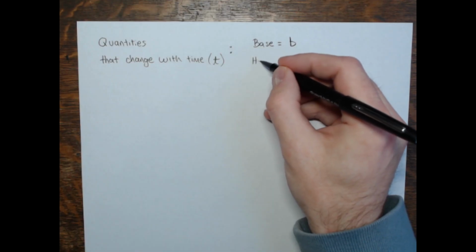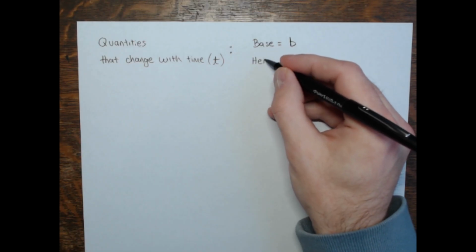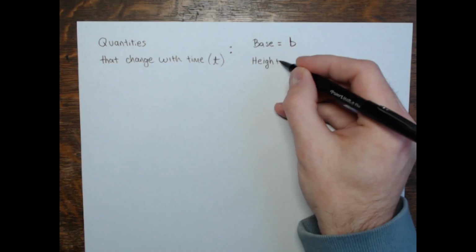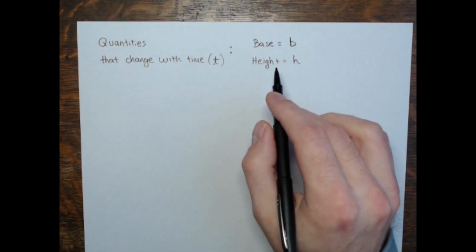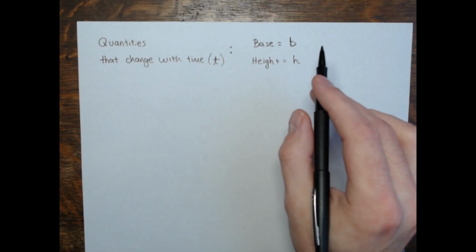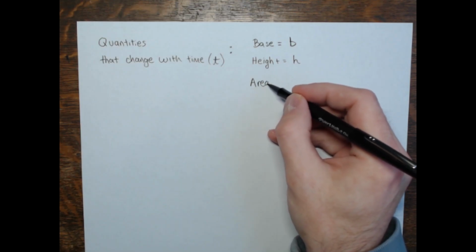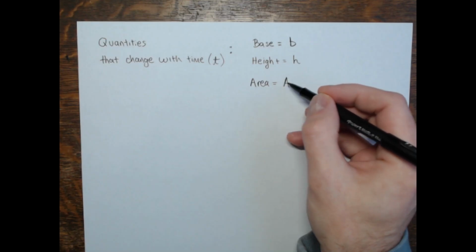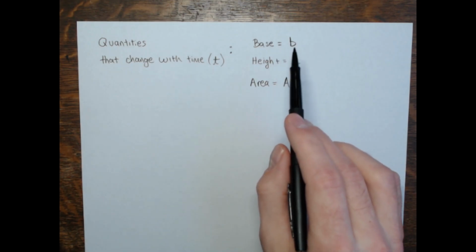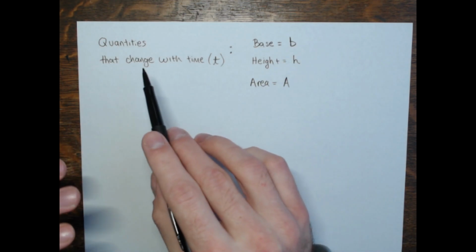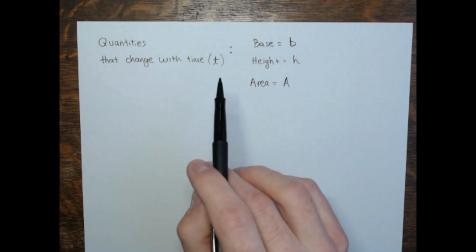They said the base is shrinking over time. They mentioned the height of the triangle, which I'll call lowercase h. They said that was increasing over time. And then you have the area, which I'll call capital A. So again, all these things are functions of t. They change as t changes. They depend on t, however you want to say that.